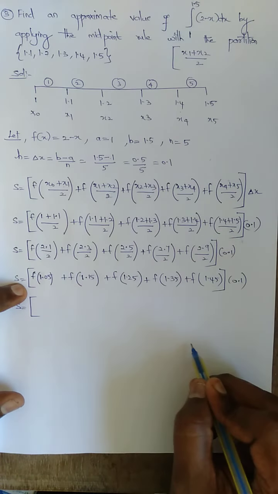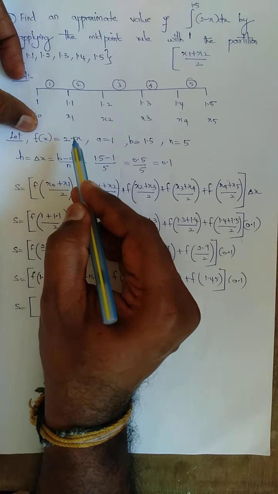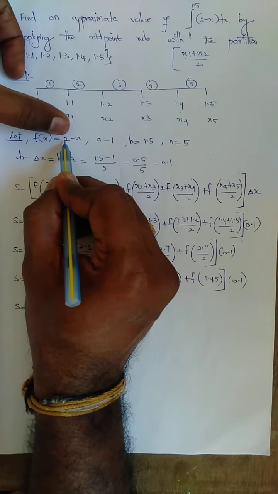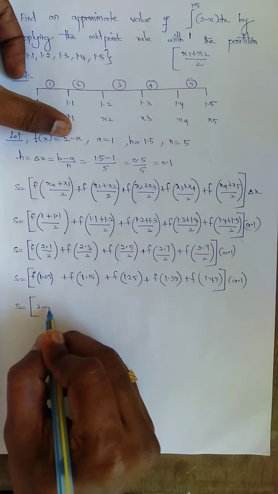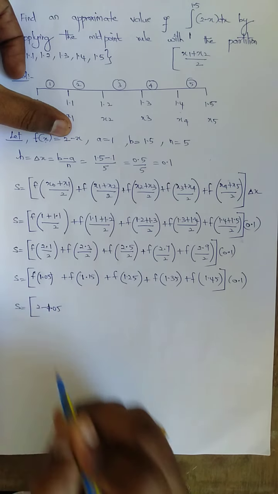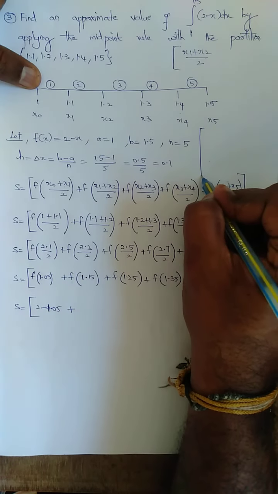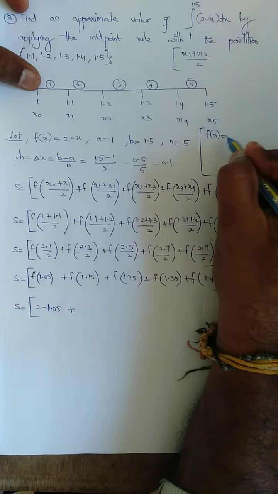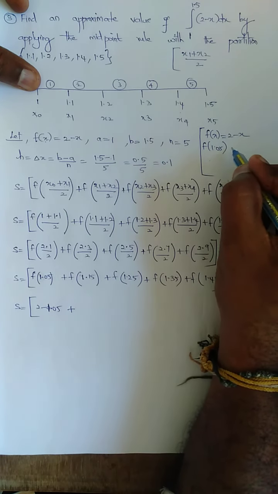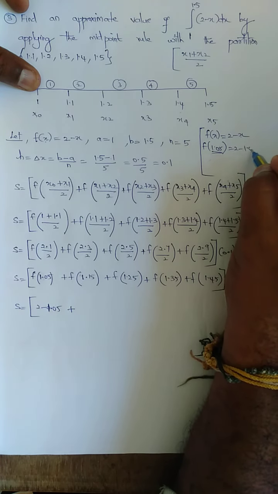We know f of x is equal to 2 minus x. In place of x I need to apply 1.05, so f of 1.05 is 2 minus 1.05.